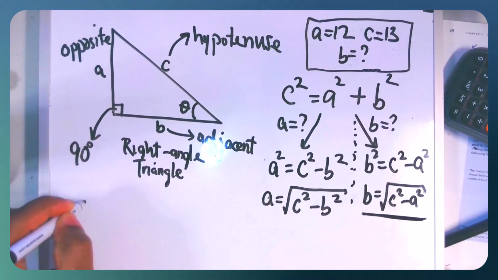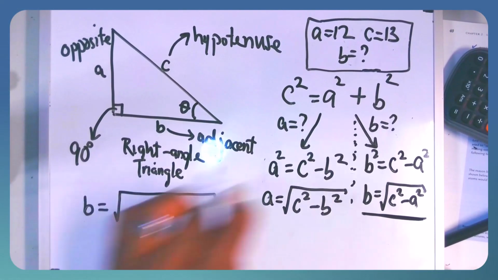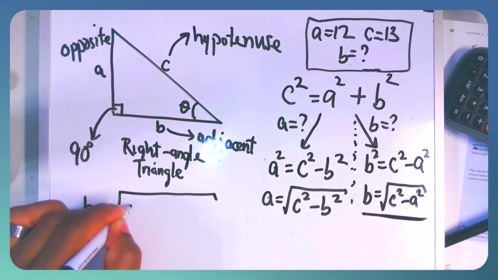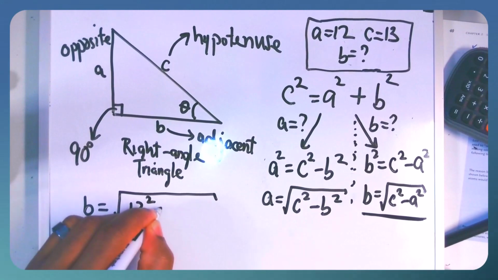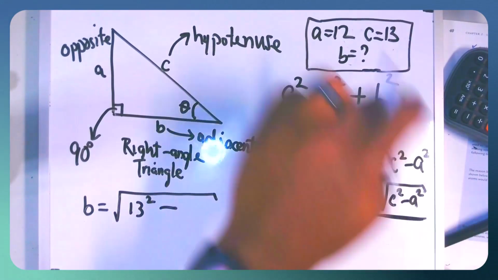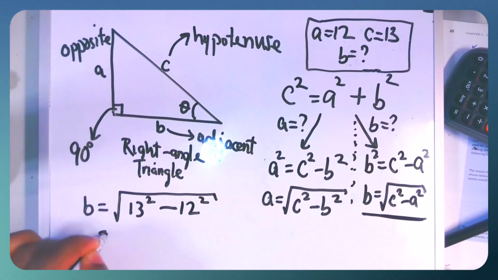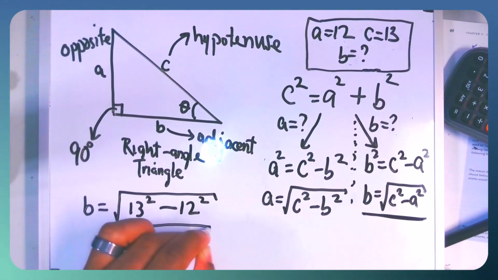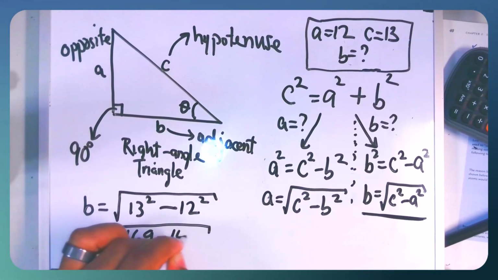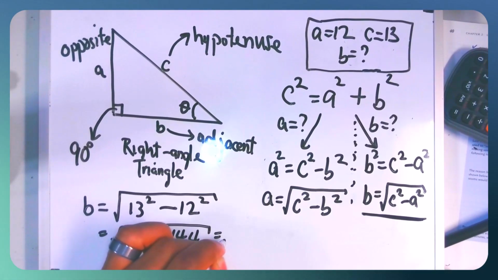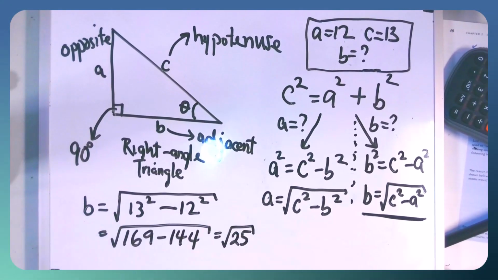To find the value for B, we do the square root of 13 squared minus 12 squared. We know that 13 squared is equal to 169, minus 12 squared, which is 144, giving us 25 inside the root.